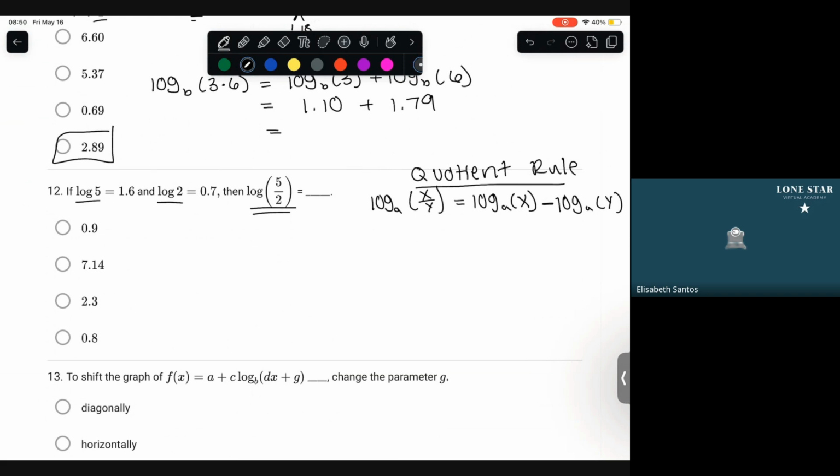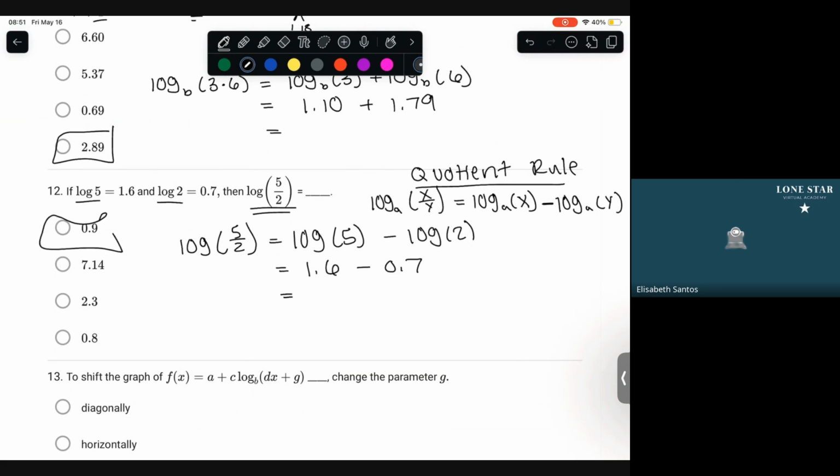So we have log of 5 over 2, which we separate as log 5 minus log 2, which is 1.6 minus 0.7. What is 1.6 minus 0.7? You should get 0.9.